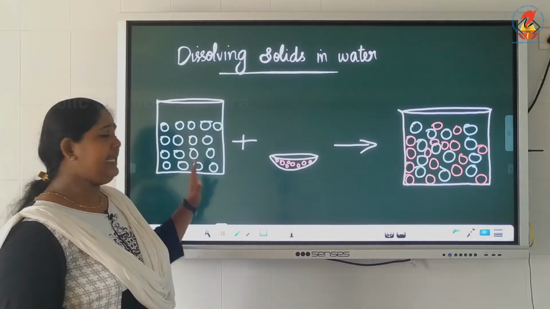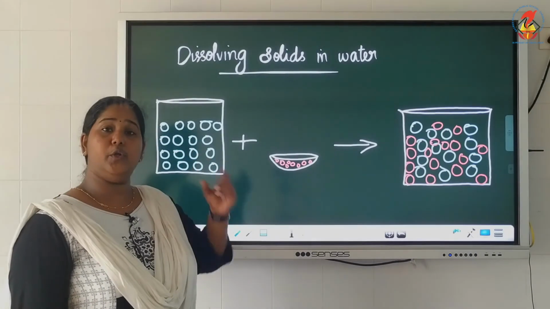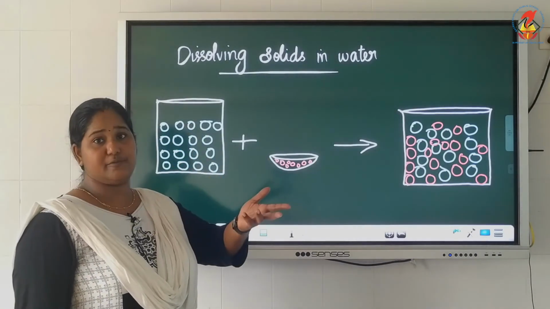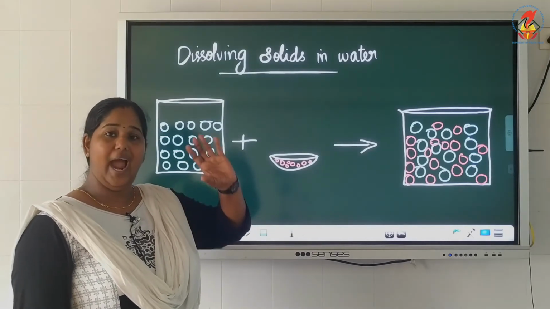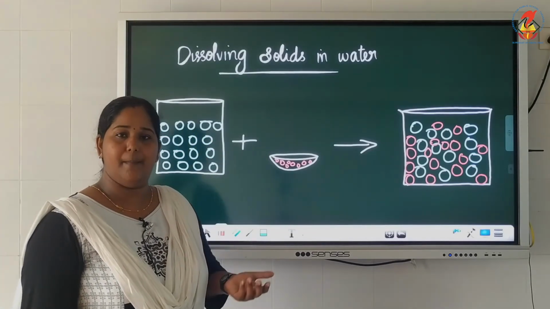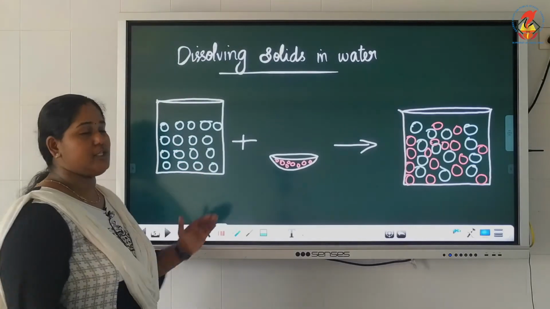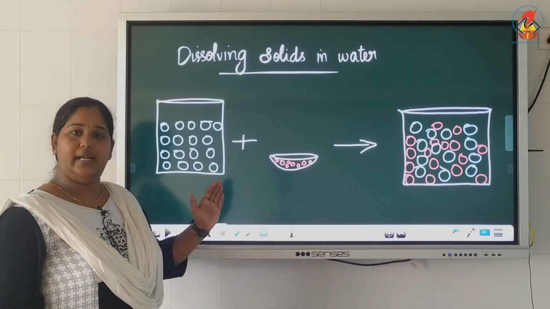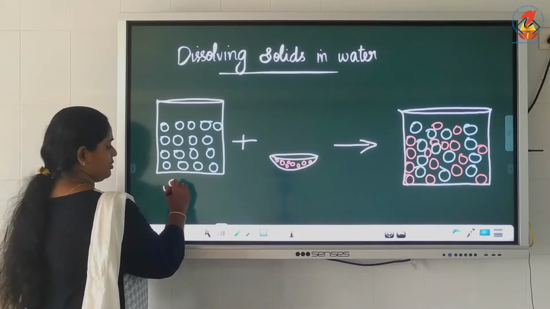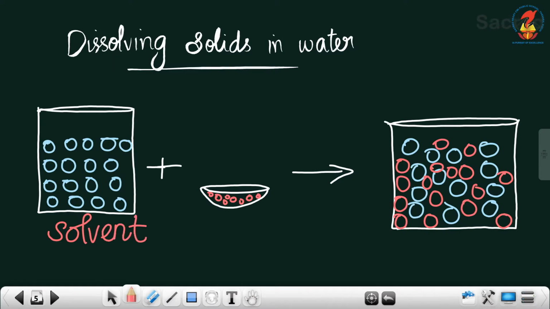Now, the liquid which was in more amount, do you take 1 spoon of water and 2 glasses of sugar? No. You add water or the liquid in more amount, and that liquid in which you dissolve a solid is called solvent. The liquid in which a solid dissolves is called a solvent.